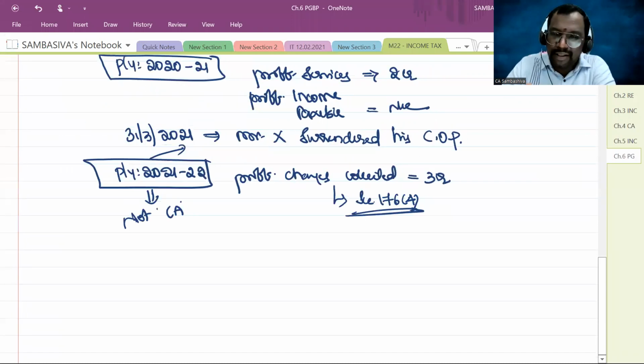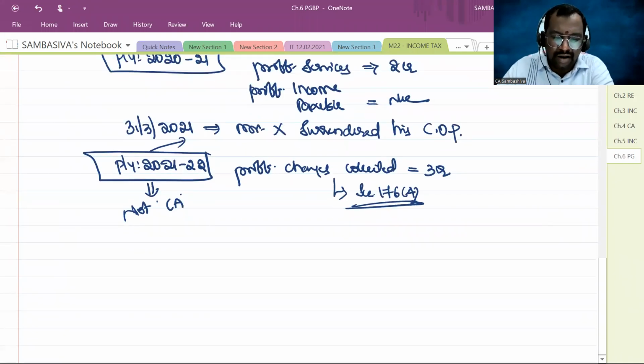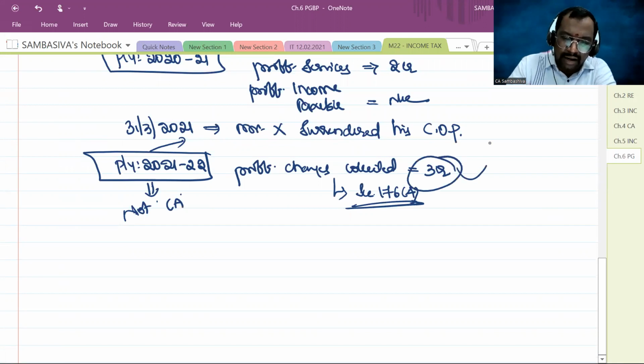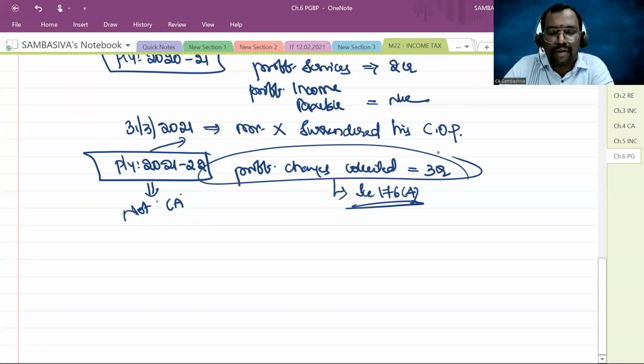You say that during the previous year 2021 you quit the profession. For 21-22 it is a discontinued profession, but you received money in relation to this profession now. So for the previous year 21-22, we will assume that your profession is in continuation. By taking that assumption, the department will tax this professional charges of 3 crores.